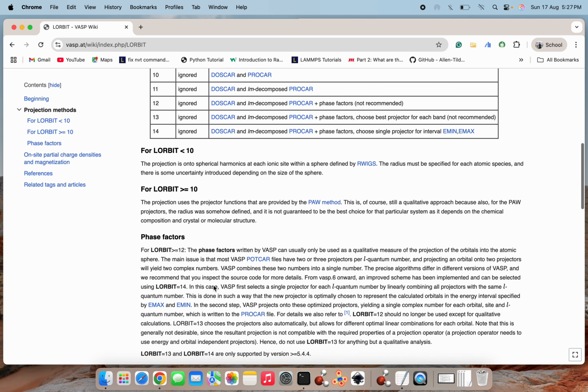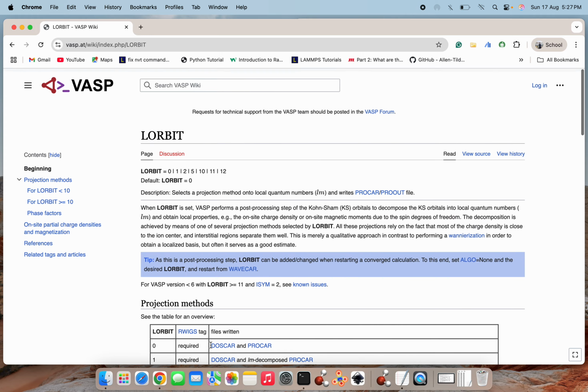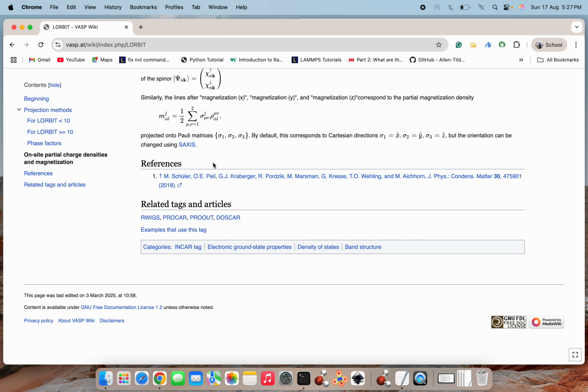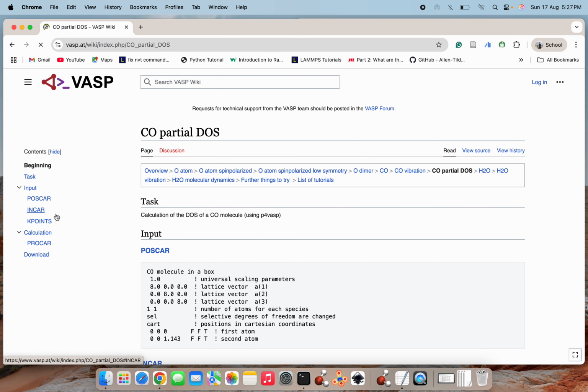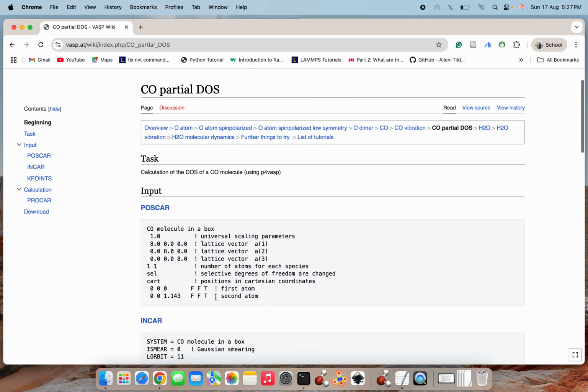You can also read about the various numbers and how we choose them, which is given over here. And if you also want to see some other examples of those who have used this kind of tag, you can click over here, example that uses this tag. Then you can find any such example and see for which purpose they have used this LORBIT.